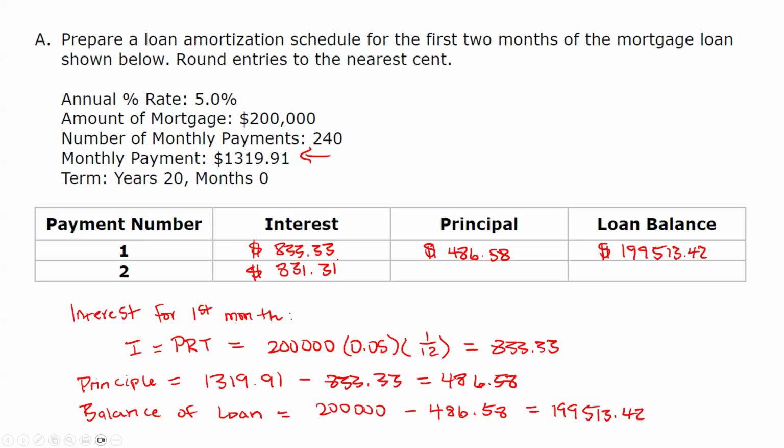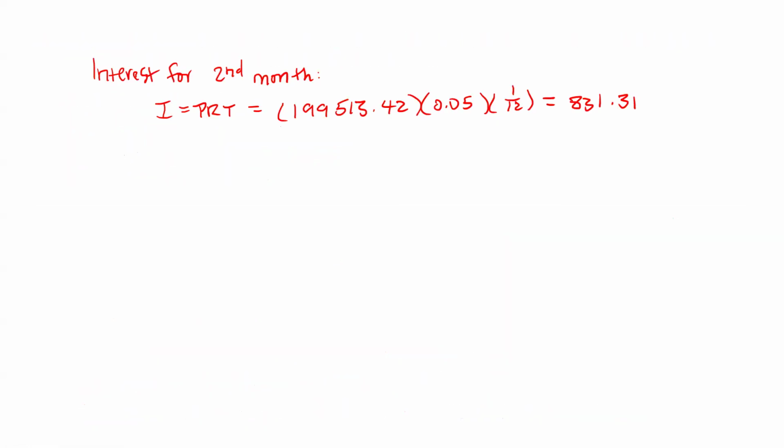So now we want to find our principal. Our principal is going to be our loan payment that we make each month minus the interest, because remember, our principal is part of our loan payment.